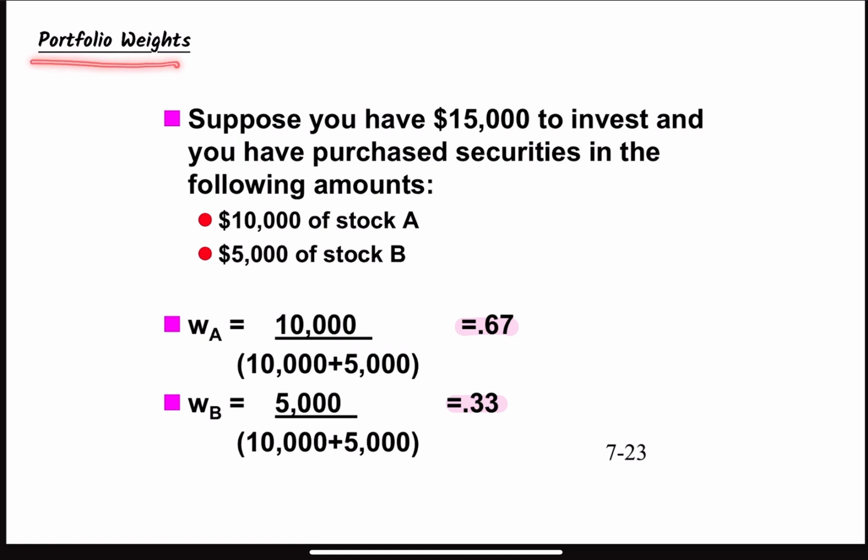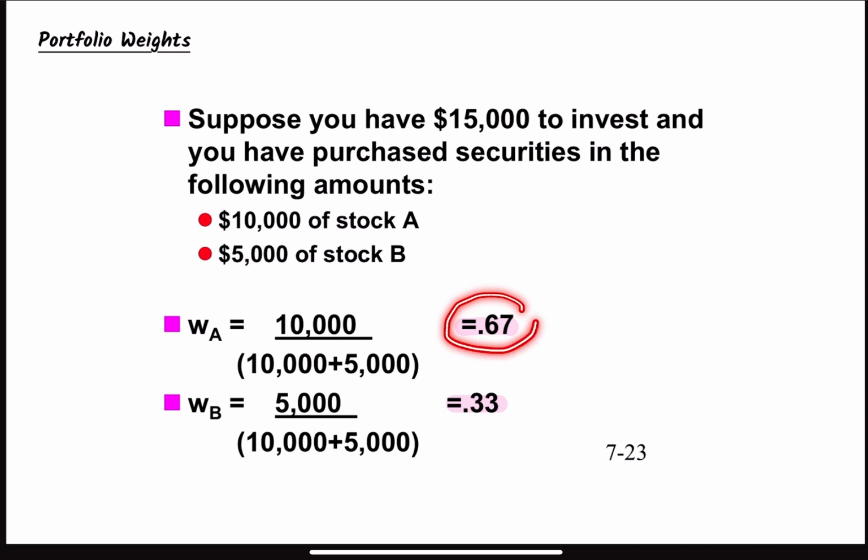So how does that work? Suppose you have $15,000 to invest and you have purchased securities in the following amounts. You have $10,000 of stock A and $5,000 of stock B. How do you find the weight of each stock in that portfolio? Well, you simply take the value of that stock and divide it by the total amount of the portfolio. So in this case, stock A is $10,000 out of a total of $15,000.